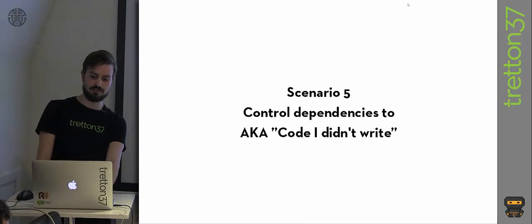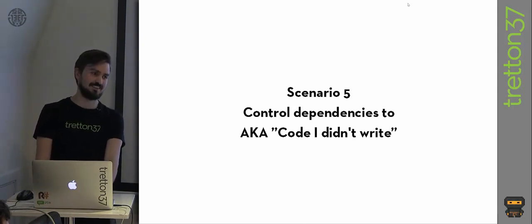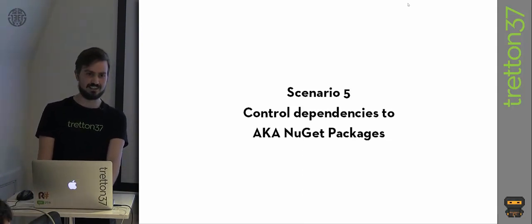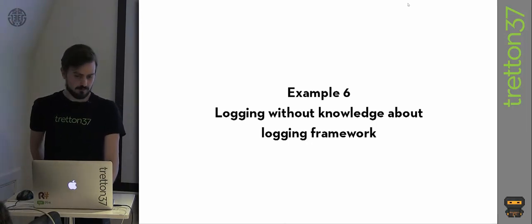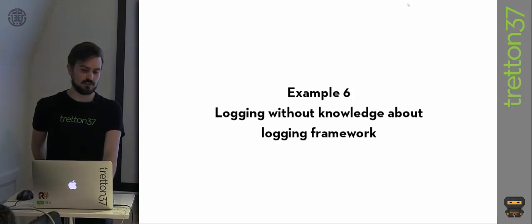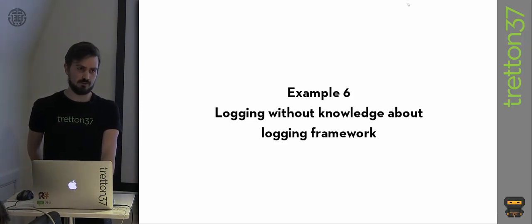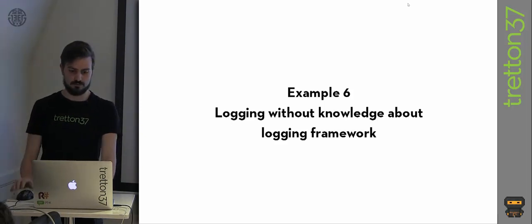Or control dependencies to code I didn't write, or NuGet packages, because we might want to switch out the NuGet package to something cooler, newer. So we have an example of this where we want to be able to log throughout the application without actually knowing about what logging framework we're using.